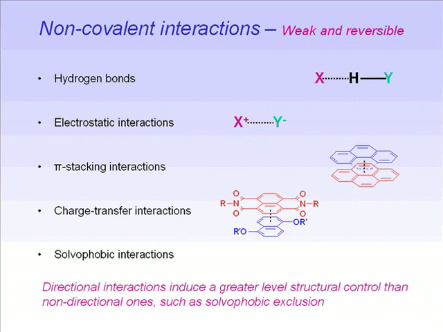And in case the aromatic systems are of opposite electron demand, as you will see in some of the cases we have done, you get charge transfer interaction, which is a variation of this kind of interaction. In addition, you also have solvophobic exclusions.